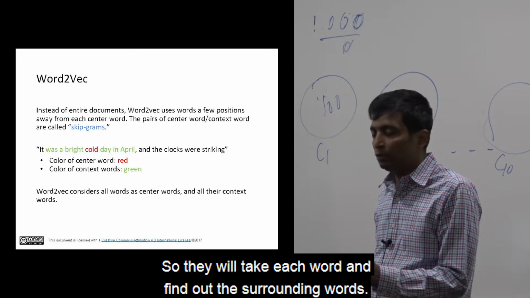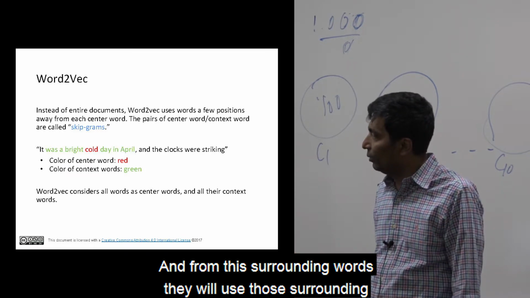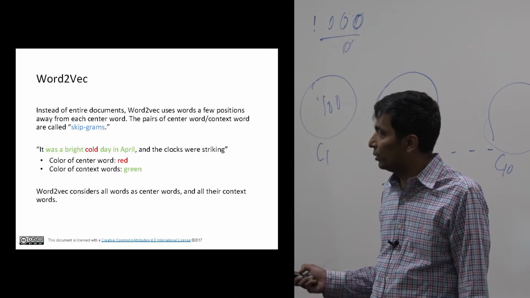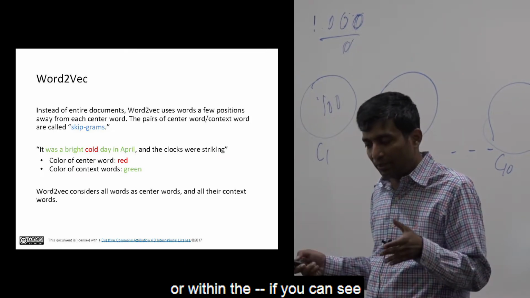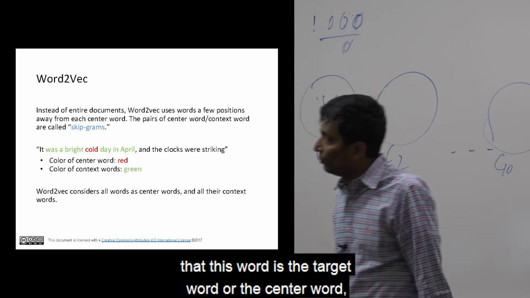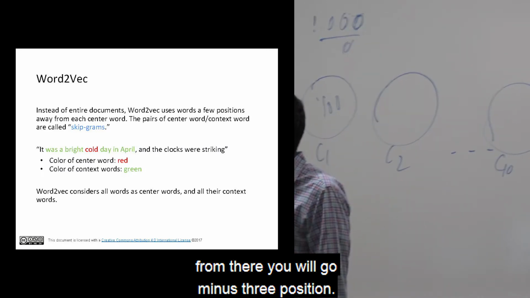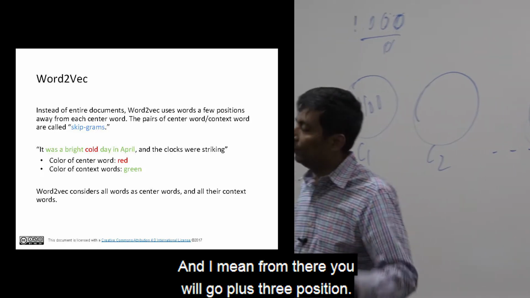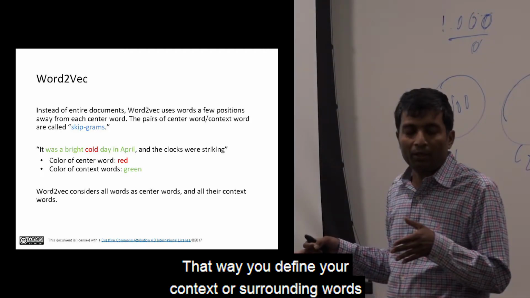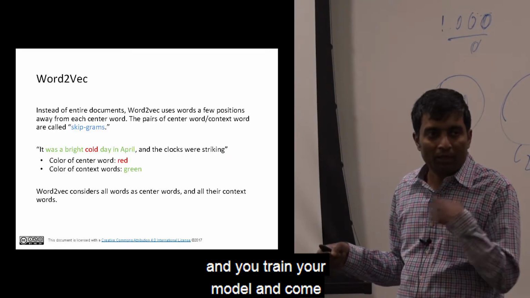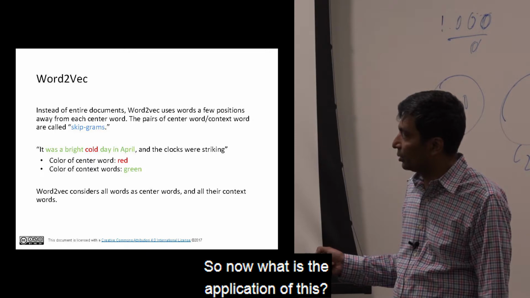They take each word and find the surrounding words, and those will be the context words. You can define context within the same sentence, or if you consider this the target or center word, you go minus 3 positions and plus 3 positions. That way you define your context or surrounding words, and you train your model and come up with a vector representation for this word.